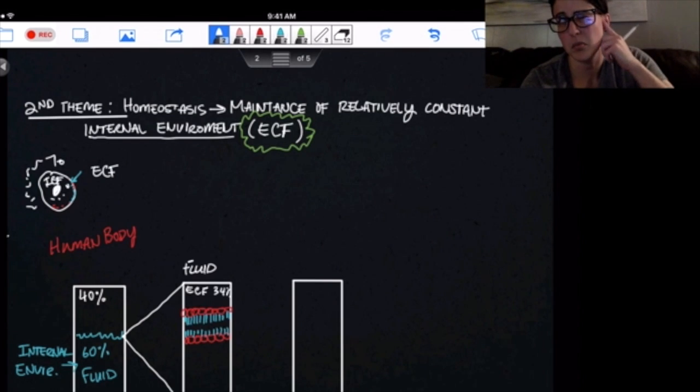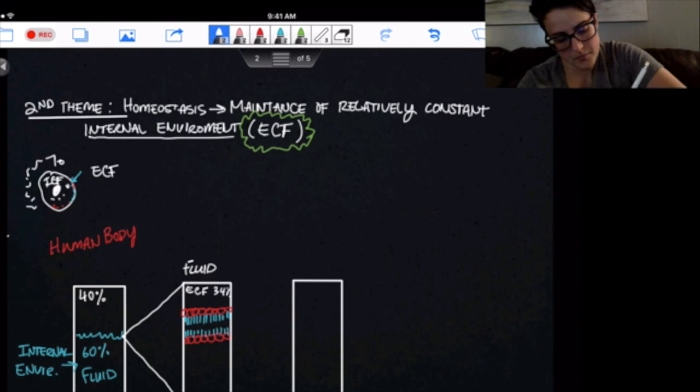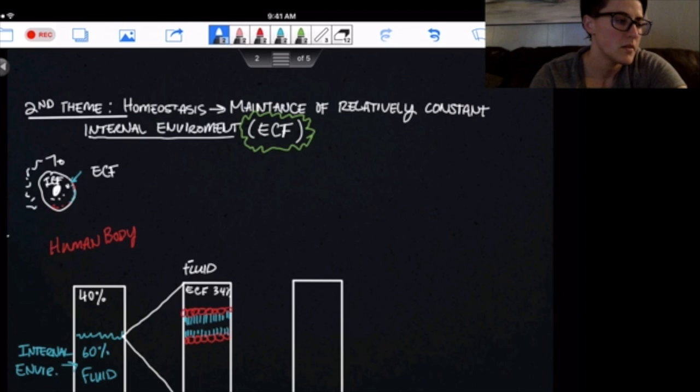I'm not sure if that's what your book says, but that's about what I know. That's about the roundabout number. The intracellular fluid is also known as the cytoplasm.